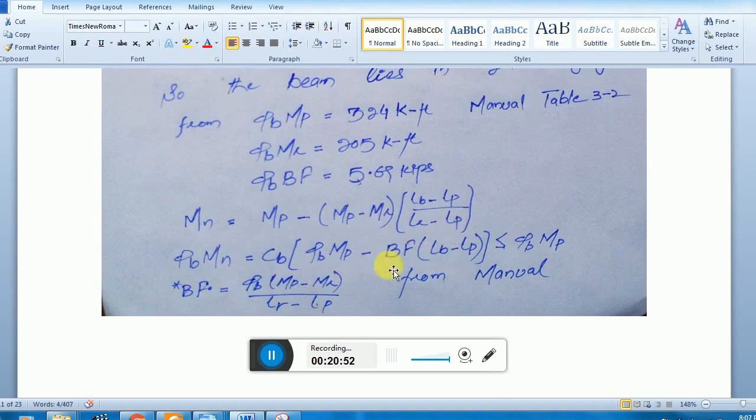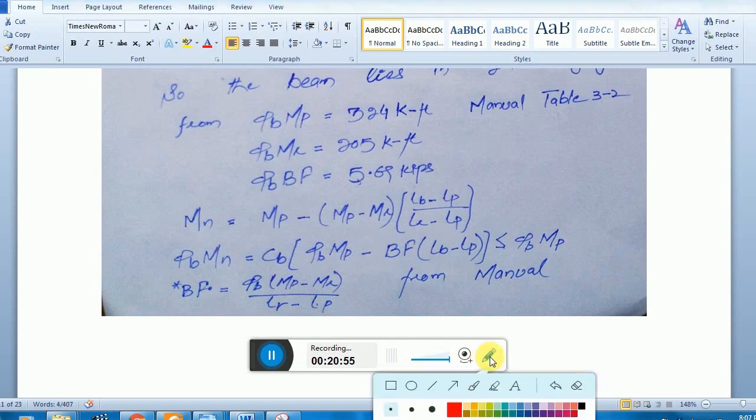Remember, BF is nothing but Mp minus Mr divided by Lr minus Lp, clear? So that's why we replace this value by this one. So the question becomes easy for us now. You see here, I already noted this down.